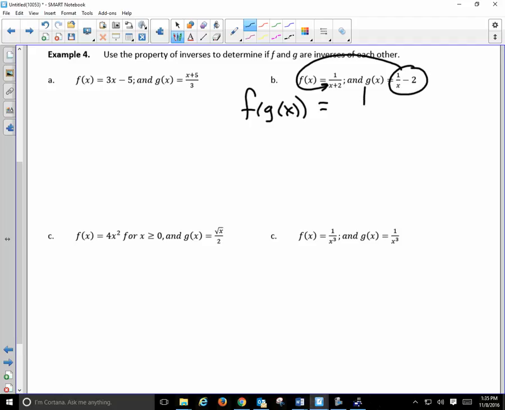Just make sure you use parentheses. Instead of writing x, I write 1 over x minus 2. That will be in parentheses. And then I have a plus 2. So what simplifies first here? The 2's cancel. I get 1 over x. You just get x, yeah.